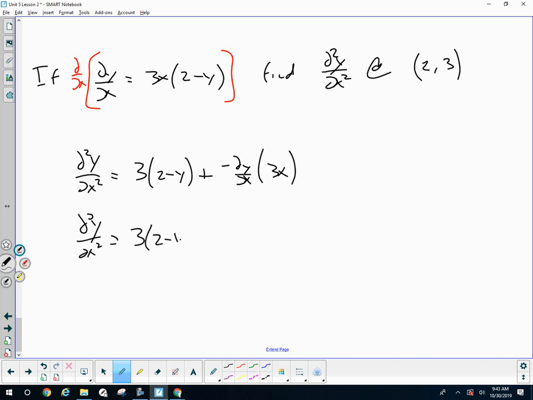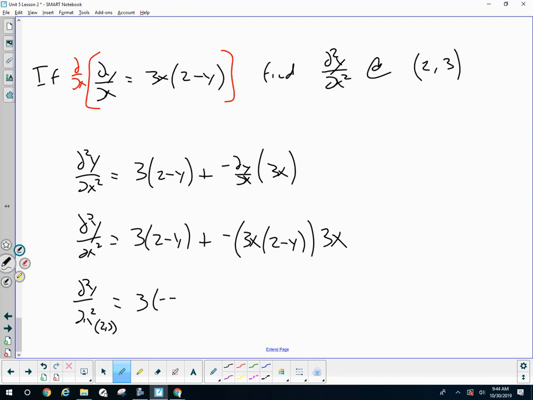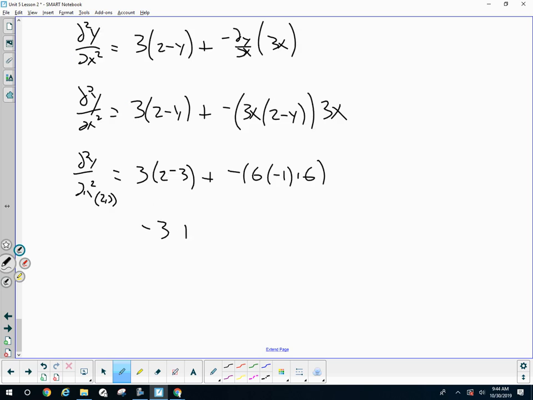So be prepared to replace dy/dx with what it's equal to, and then plug in (2, 3). Okay, so I get negative 3 plus, this will be positive 6, which is 3.